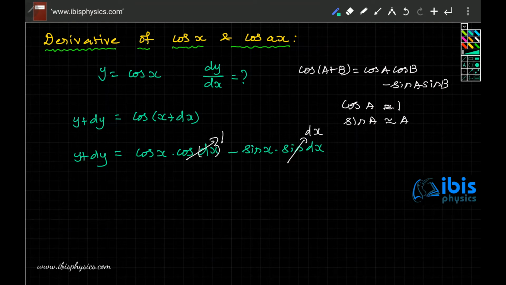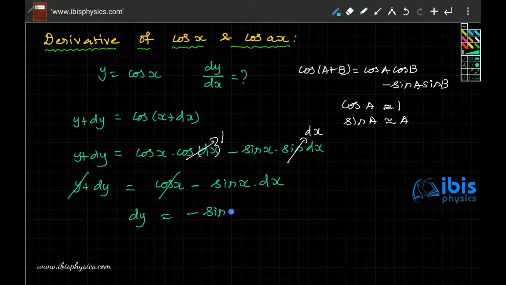In such case, y plus dy equal to cos x minus sin x into dx. Then because y equal to cos x, these two will be cancelled. Dy equal to minus sin x dx.